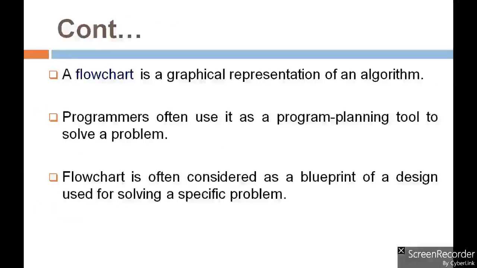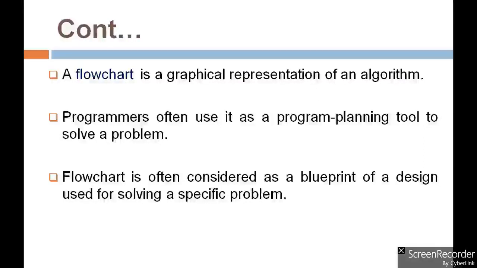Now let's see some more facts about the flowchart. A flowchart is a graphical representation of an algorithm. So we can relate algorithm with our flowchart via its graphical representation, and programmers often use it as a program planning tool to solve a problem.